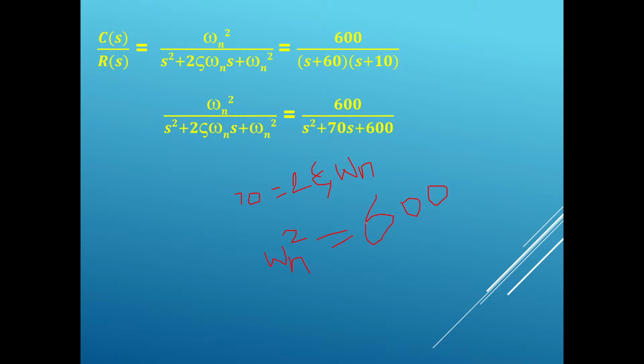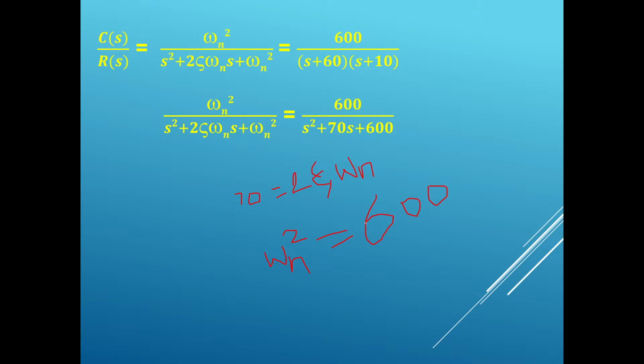So to determine the damping ratio and undamped natural frequency, you have to take the standard equation of your second order system and compare it with the transfer function that you have obtained from the given data.